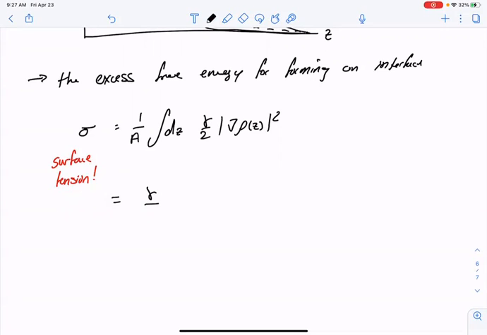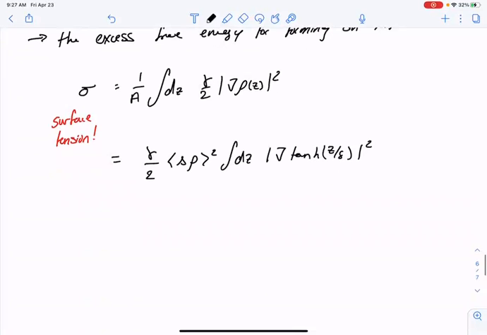That is gamma by 2, putting in our hyperbolic tangent, we would get factors of average rho, delta rho quantity squared. We'd have an integral over z, like so.